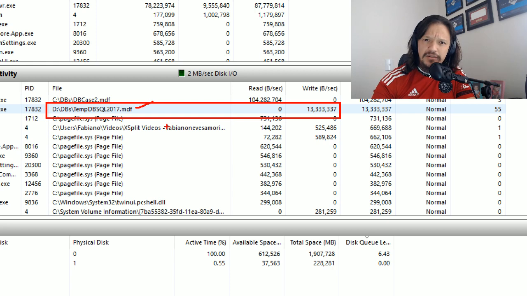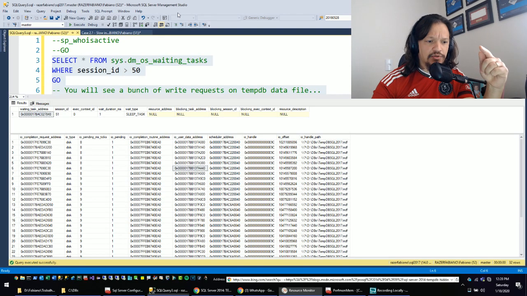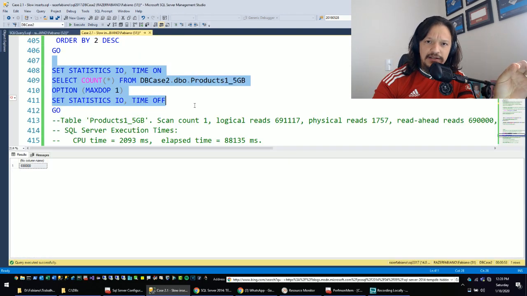So what's going on? I'm trying to read this table. Those pages are not in memory, so I have to read them from disk and put them in memory. There is no memory available because I'm using everything now, the 10 gig available.